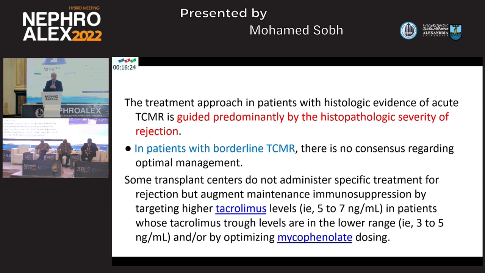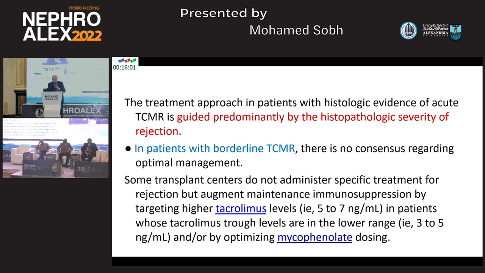Some transplant centers don't administer specific anti-rejection treatment, but just augment maintenance immunosuppression. You increase the dose of tacrolimus (Prograf) if the level is low, and you increase the mycophenolate, if it's 1 gram, you make it 1.5 grams, and so on.